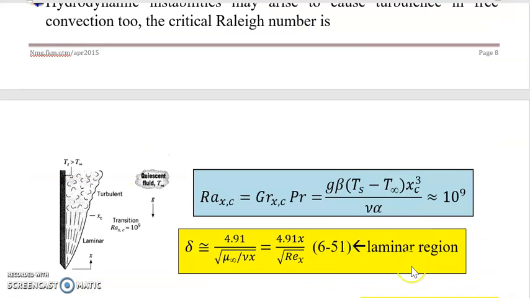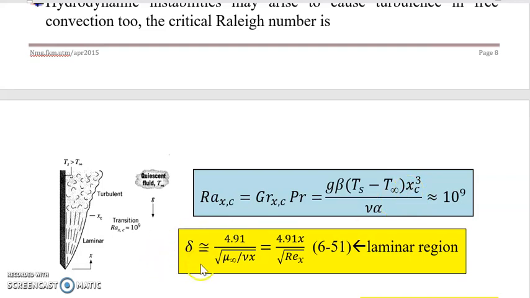Unlike external forced convection, where we look at the Reynolds number, here in natural convection we look at the critical Rayleigh number, which is approximately 10 to the power of 9. So you can determine the location from the leading edge in the case of the heated plate, the location where the turbulence starts to happen.